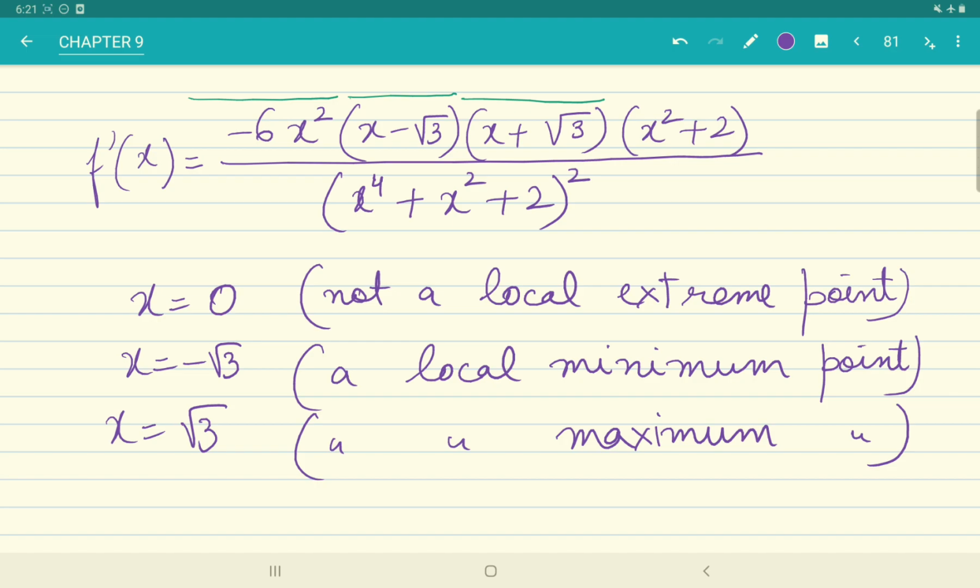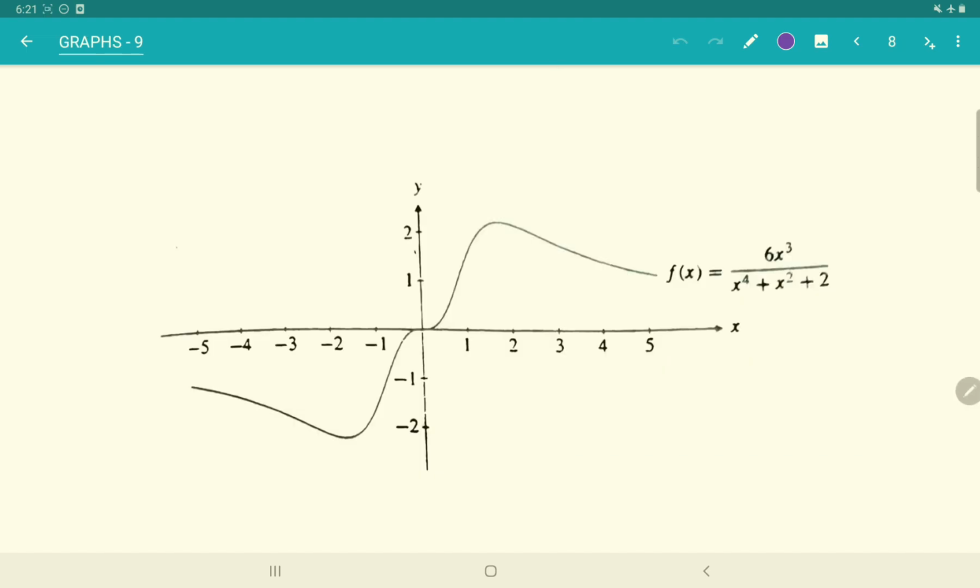Now, if we take up the graph of this function, we can see this. So this is the graph of this function, and you can see here that there are three stationary points. X is equal to 0, then x is equal to minus root 3, then x is equal to plus root 3.